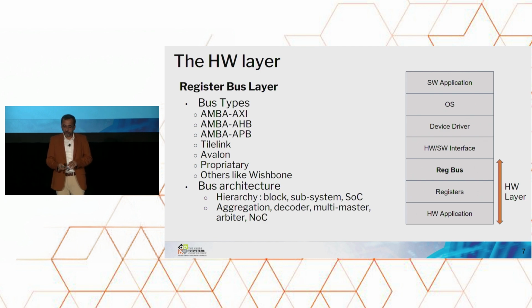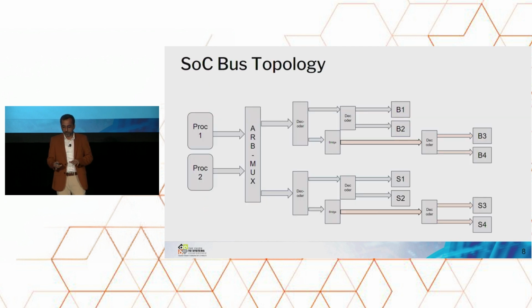Then there is aggregation logic, where you have the bus coming in and decoders talking to all these specific blocks, the client IPs that I showed you earlier. You have multi-master arbiters, you might have a NOC. So all this variability is there in the register bus layer.